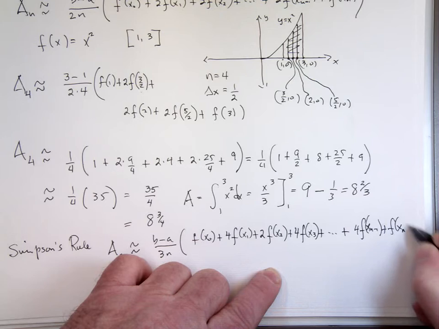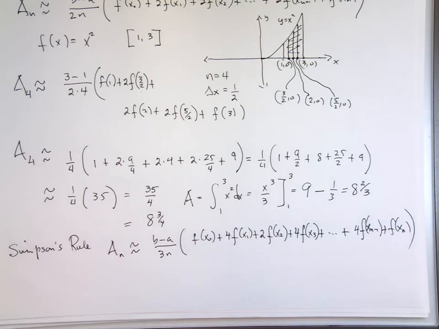It goes 1, 4, 2, 4, 2, 4, 2, 4, 2, 4, 1. Okay? The coefficients are different.